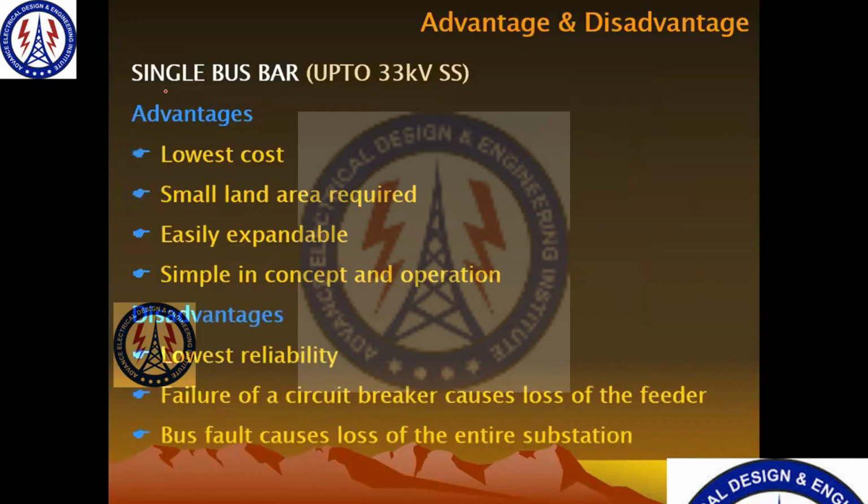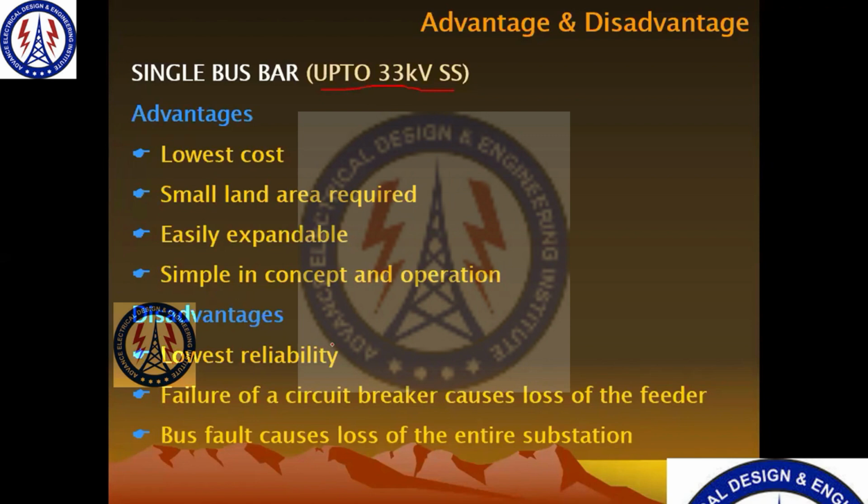This single bus bar system we use up to 33 kV voltage level. The advantages are that it is lowest in cost, requires a small land area, is easily expandable, and simple in concept and operation, with very simple logic that you need to create for the operation.